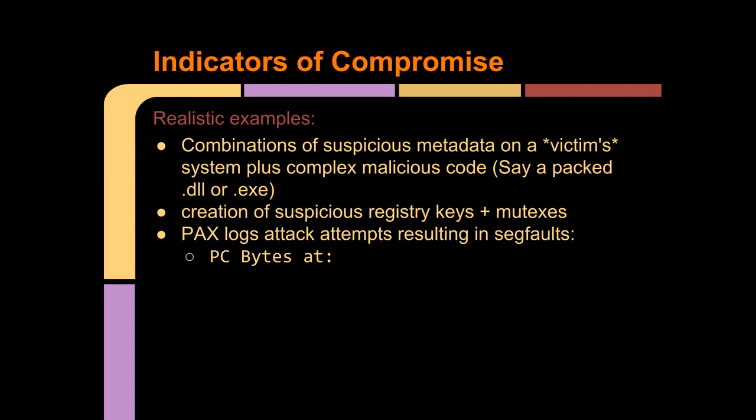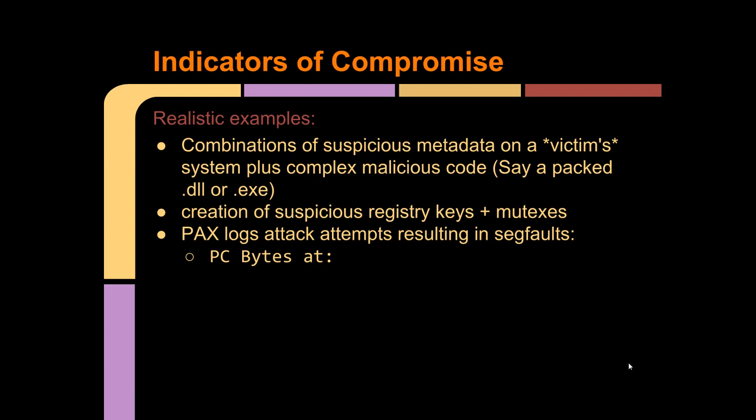Some other examples involve combinations of suspicious metadata on a host system plus some complex malicious code, say a DLL or exe that imports or exports a strange amount or list of functions, creation of suspicious registry keys or mutexes, and on Linux systems, PAX logs, any attempts that create seg faults.